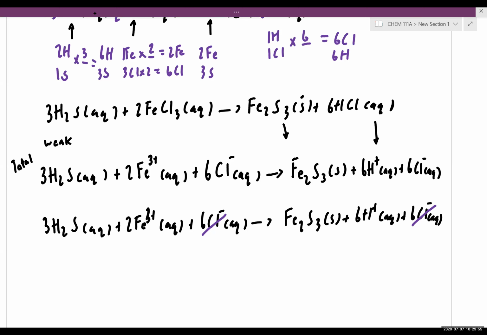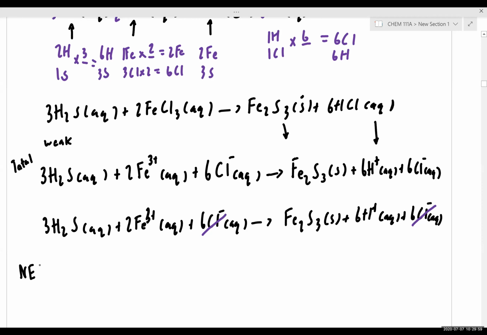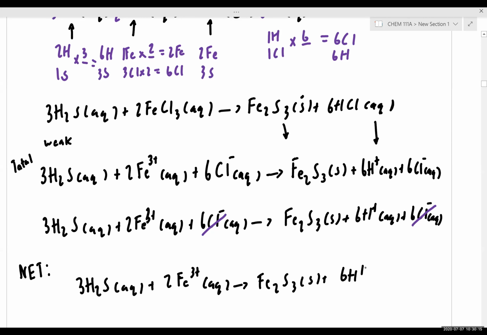Doesn't look like it. So this gives us the following net ionic equation, where we have 3H2S aqueous plus 2 iron 3 plus aqueous leads to iron 3 sulfide solid plus 6H plus aqueous.